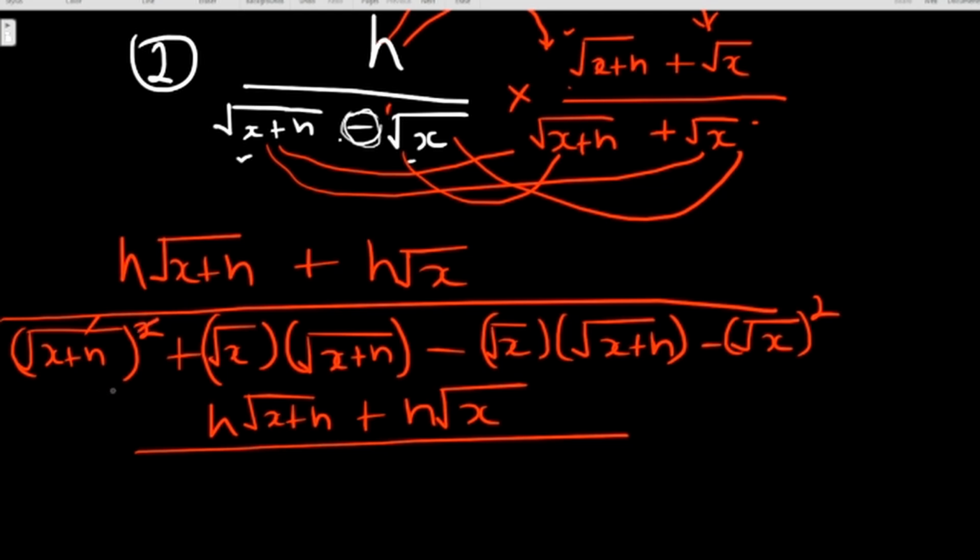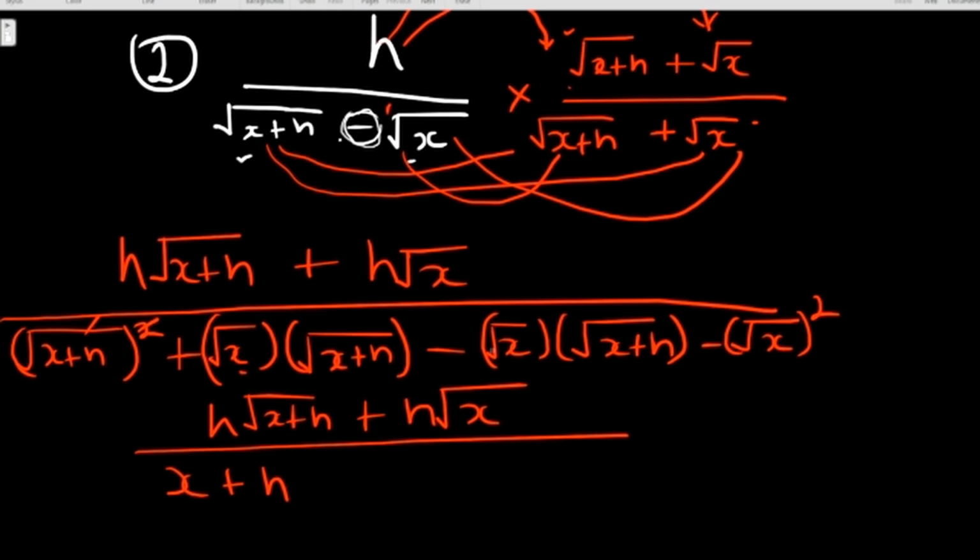If you square a square root, you simply cancel out the squares, and hence when you cancel out this and this, you're left with x plus h. Okay? Now look at these two terms here. We have square root of x multiplied by square root of x plus h minus square root of x multiplied by the root of x plus h. They are the same, okay?